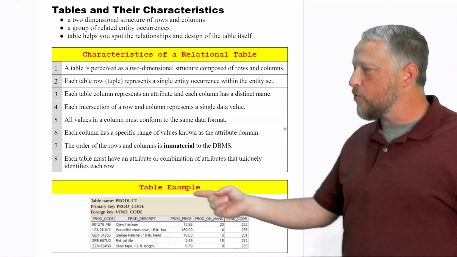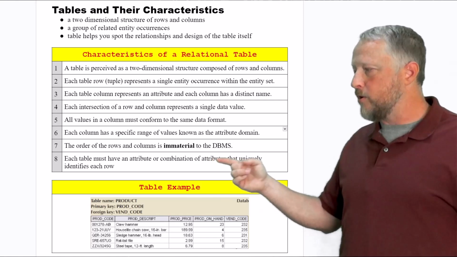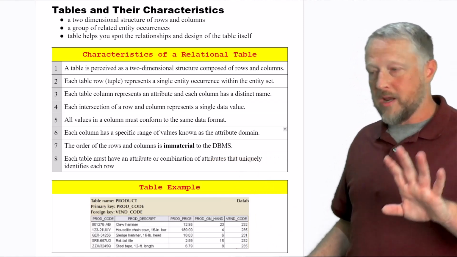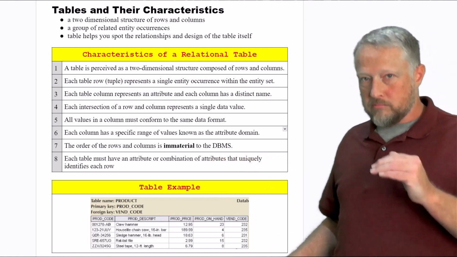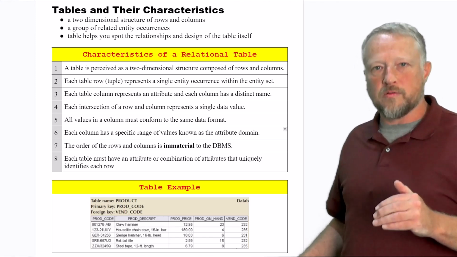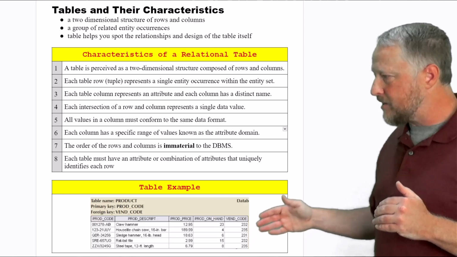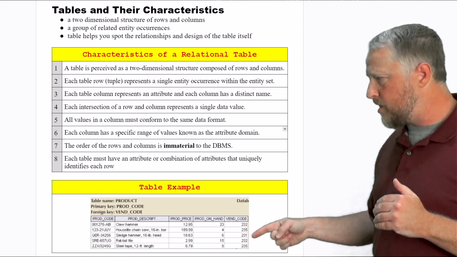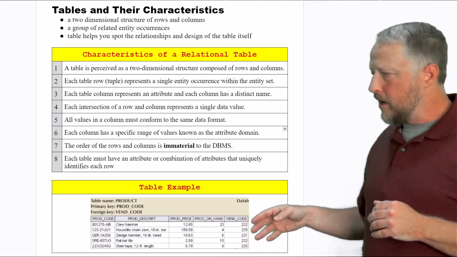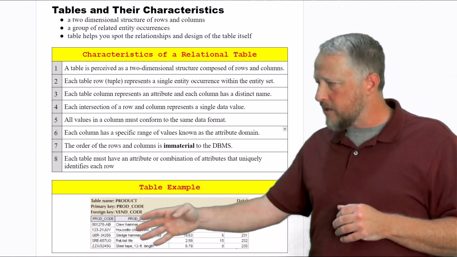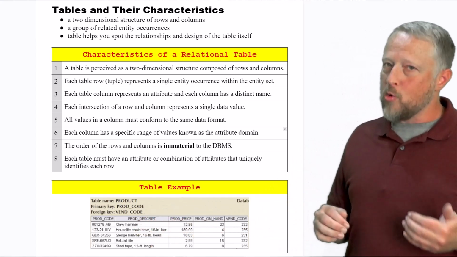The order of the rows is immaterial to the database management system. Now, I'll be honest with you, I'm a little bit retentive when it comes to that. Notice there's nothing in here that's exactly set up. Vendor code, yes, that's all out of order. Product code, it doesn't look like there's a certain order that I like myself.